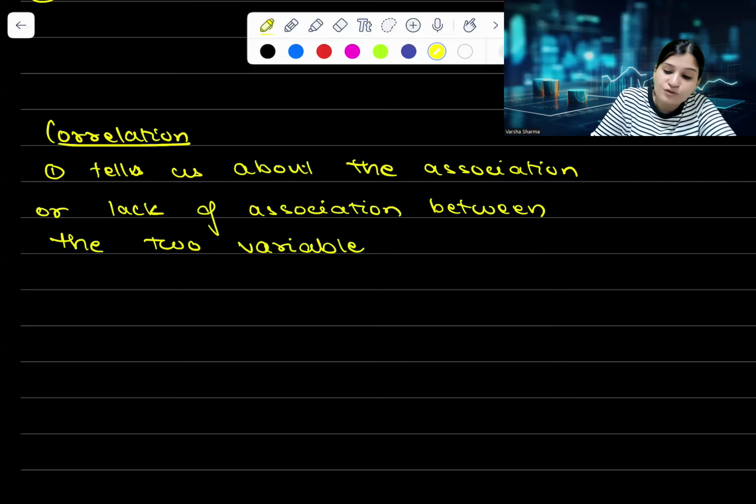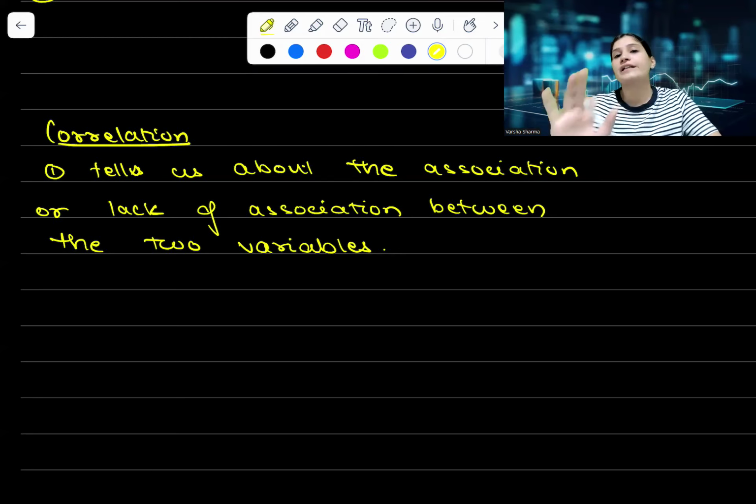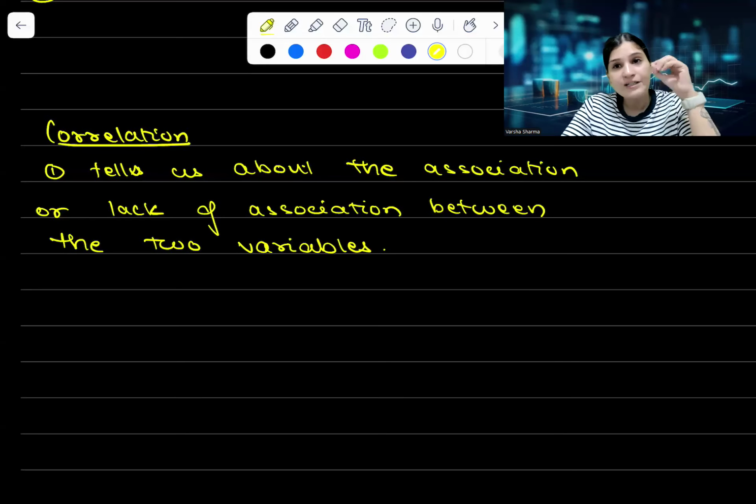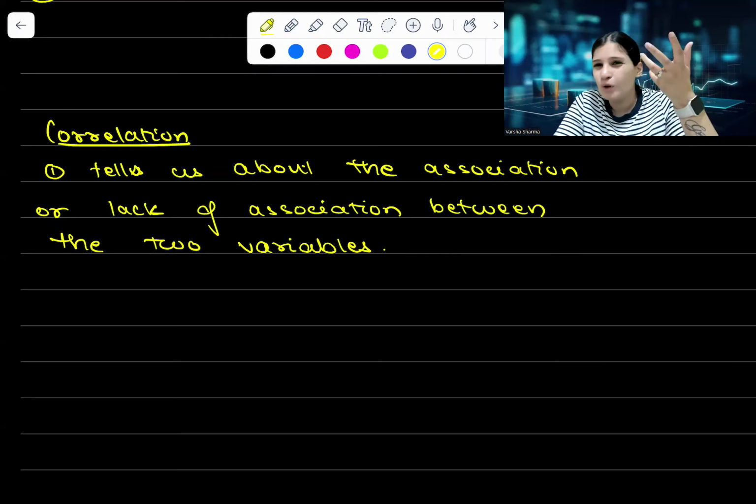And if there is an association, what type? Whether an increase in one will result in an increase in the other, or an increase in one will result in a decrease in the other, that nature of relation it will also tell us, and the extent. For example, the height was 5 feet, then it became 5 foot 1 inch. So the difference is very less. What type of effect will it have on the other variable? Whether a slight change in X will have a drastic impact on Y, or it will not be bothered.